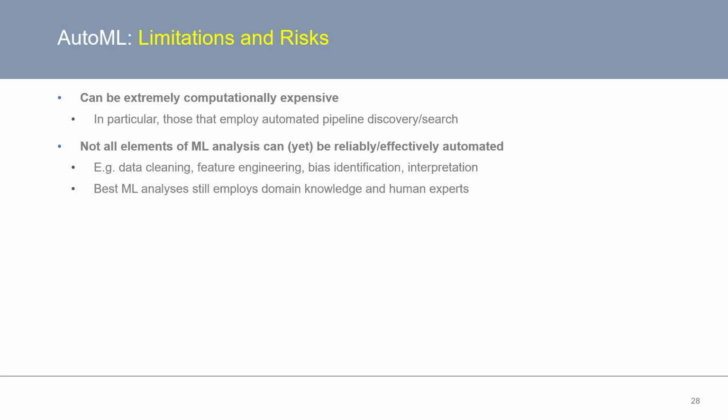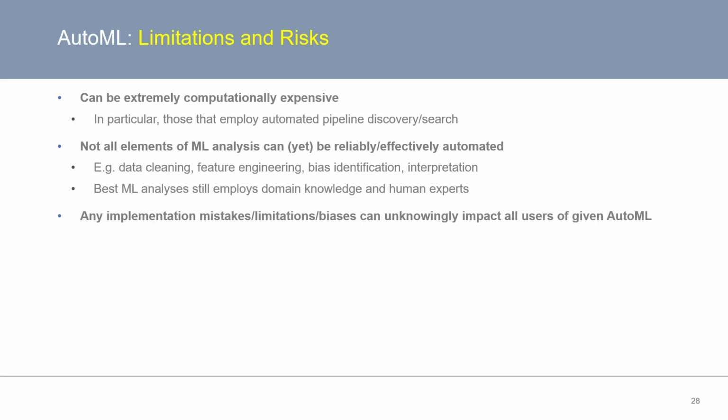For example, many aspects of data cleaning, feature engineering, bias identification, and interpretation are still best addressed by an expert with domain knowledge. One potential risk is that any implementation mistakes, limitations, or biases can unknowingly impact all users of a given AutoML solution. And any AutoML tool is limited by the algorithms and heuristics that it employs.